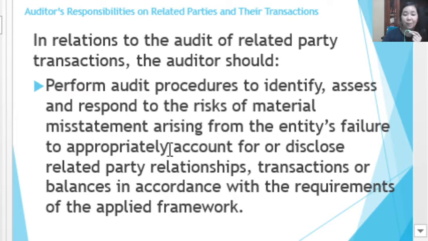This is what the auditor is after: whether the entity has accounted for and disclosed its related party relationships, transactions, and balances accordingly, to avoid misstatement in the FS.